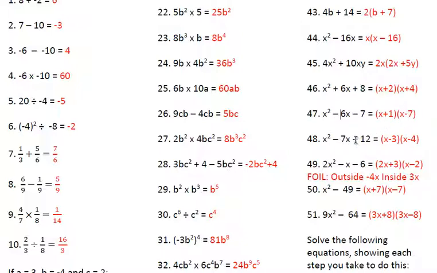Okay, next one over here, we've got 2 numbers we need that will add or subtract together to give us minus 7 and will multiply together to give us plus 12. So the only 2 numbers are minus 3 and minus 4. You know that 2 and 6 will multiply together to give us 12, but they will not add or subtract to give us minus 7. So it has to be minus 3 and minus 4.